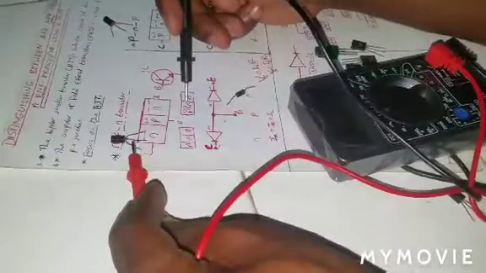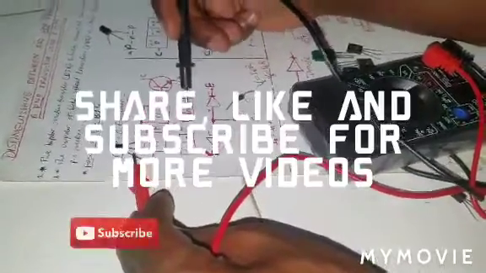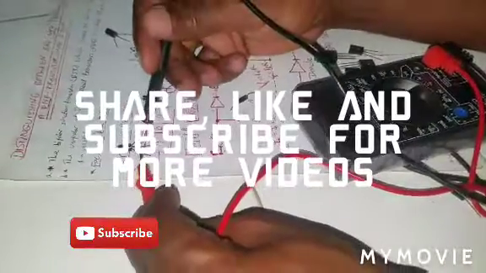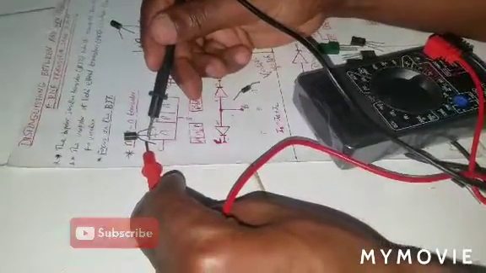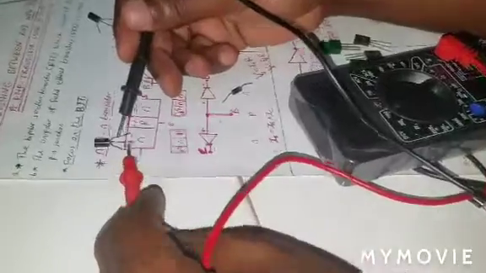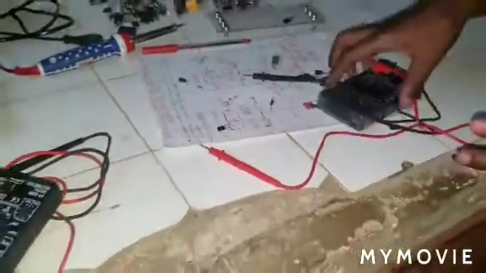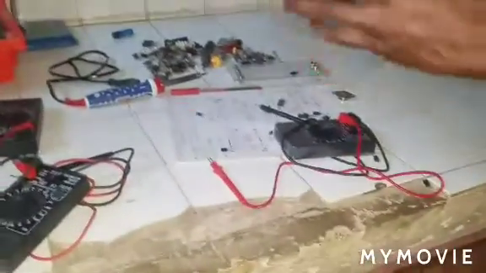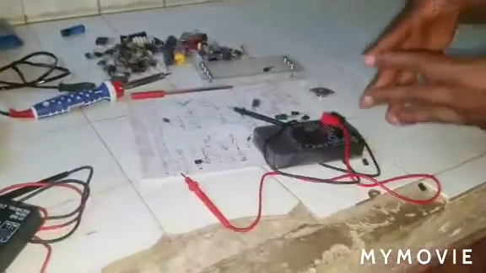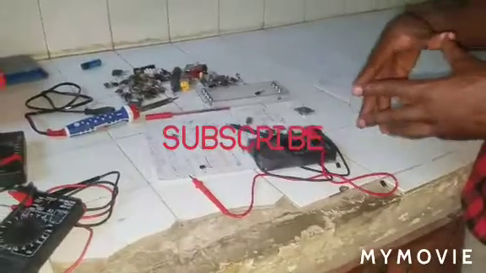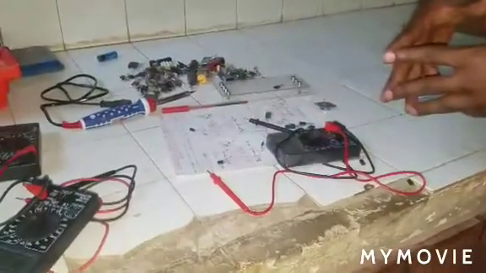So it is an NPN transistor. So this is exactly how we can use the multimeter to distinguish between a PNP transistor and an NPN transistor.